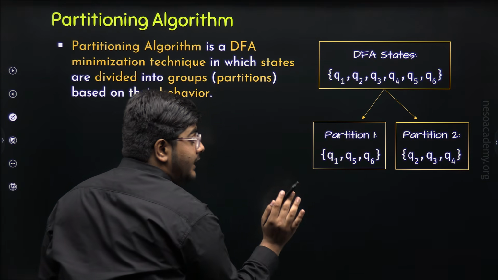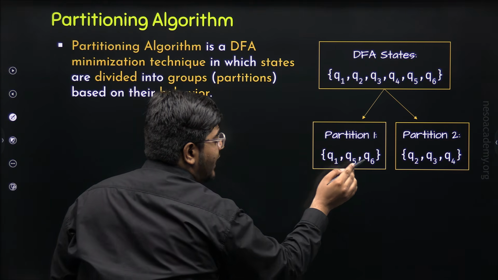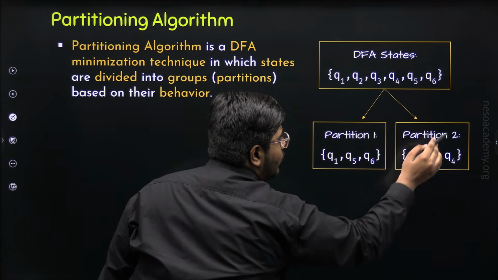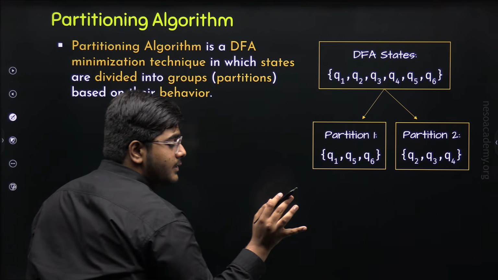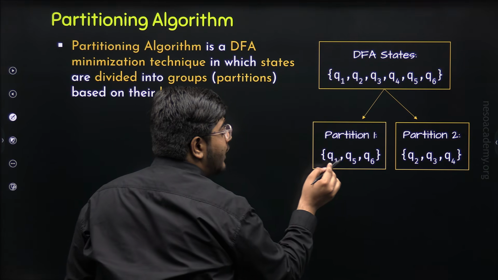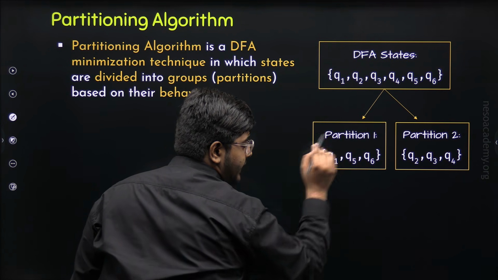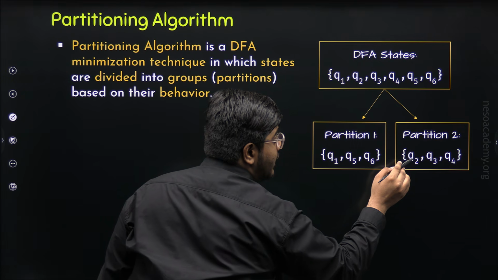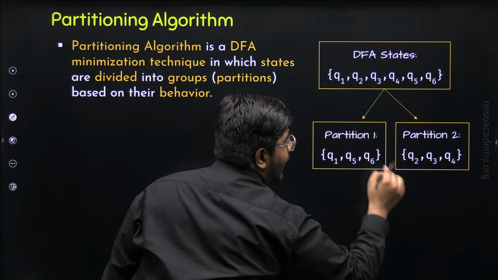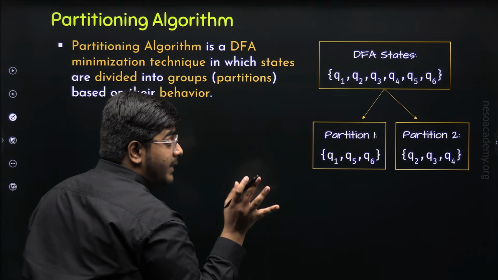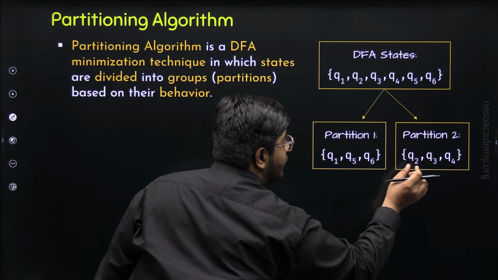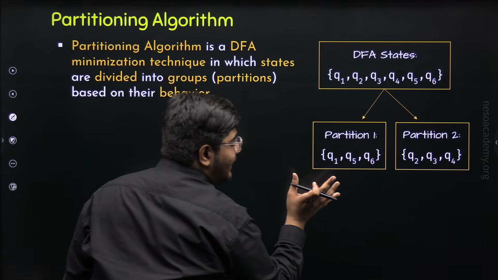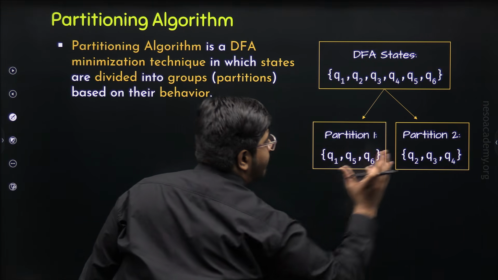Partition 1 containing the states Q1, Q5 and Q6, and partition 2 containing the states Q2, Q3 and Q4, which means the behavior of the states Q1, Q5 and Q6 is same, and the behavior of the states Q2, Q3 and Q4 is same. But the behavior of Q1, Q5 and Q6 is different from the behavior of Q2, Q3, Q4. That is why we have divided them into different partitions.